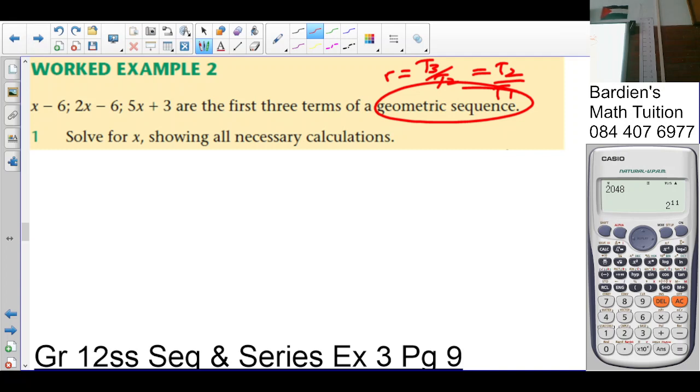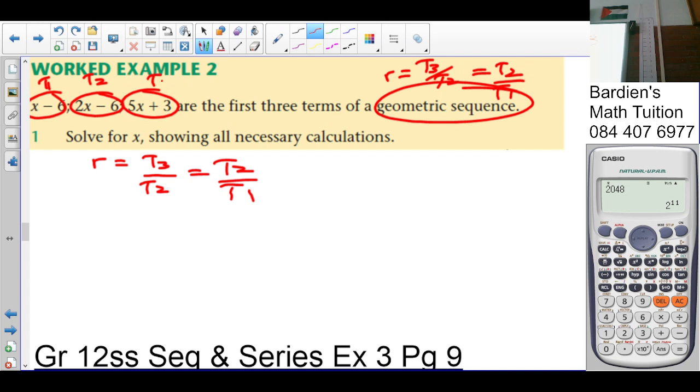The first question says solve for x, showing all the necessary calculations. So where do I start? I start by saying R is equal to T3 over T2 must be equal to T2 over T1. That is your T1, term 1, term 2, term 3.